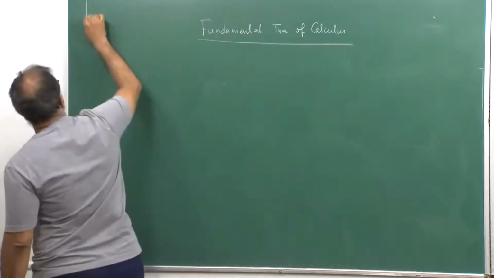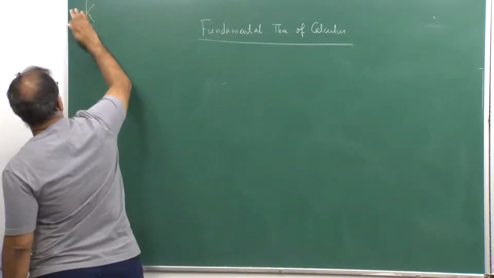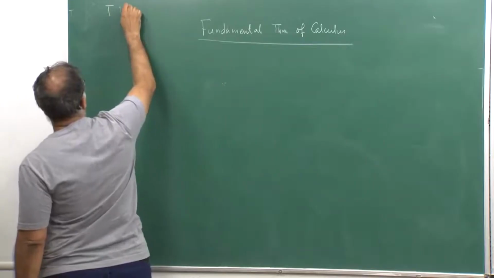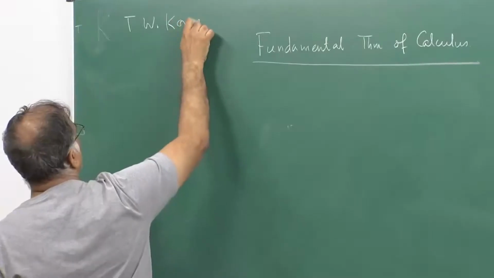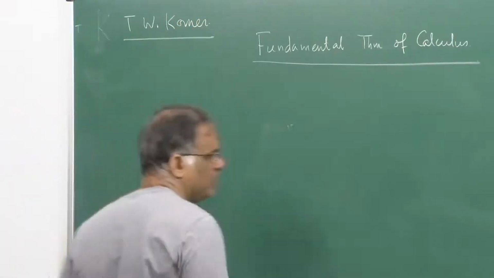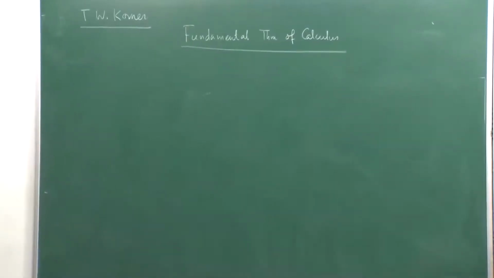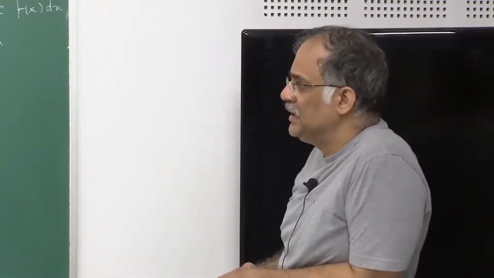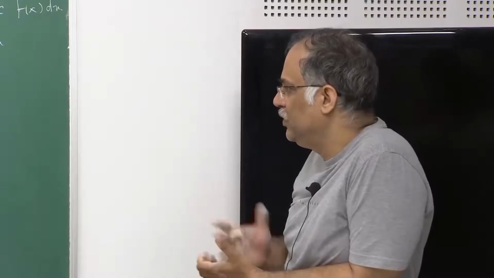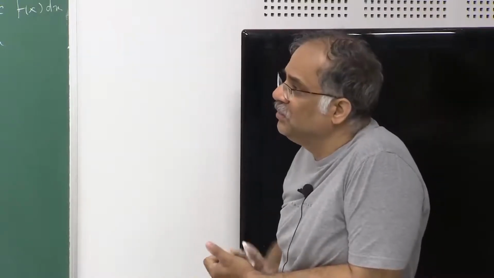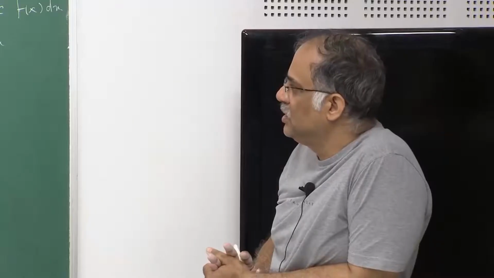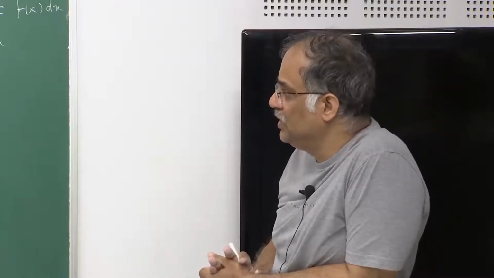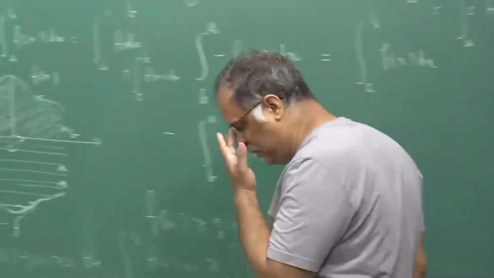I follow this from the book of T.W. Körner. T.W. Körner is not a fantastic writer of mathematics, but he is also a very famous mathematician of our times, who is currently the professor of Fourier analysis at Cambridge and has written fantastic books. I somehow am quite motivated by his way of thinking, because intuitions are always a guide to conceptualization, and that's what he has done. So what is the fundamental theorem of calculus?